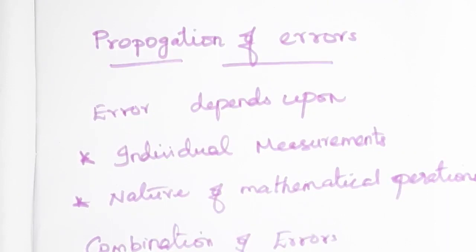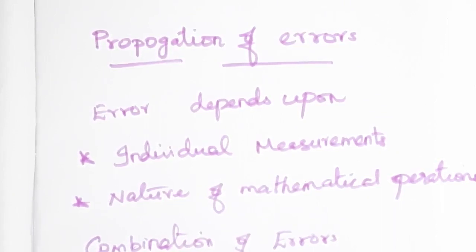The formula may contain multiplication, division, etc. So many terms will be there in a particular formula. So for each and every measurement we will be getting an error. So at last we have to conclude the result by combining all the error analysis.